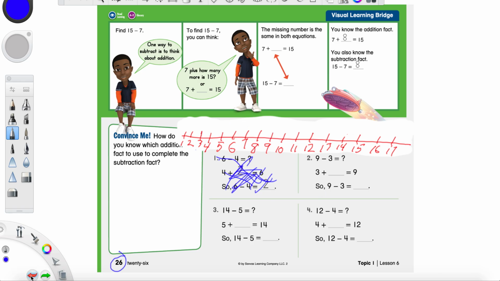You can still do 9, start there, minus 3, and then just go back 3. 1, 2, 3. And guess what? The answer is 6. Craziness, right? That's actually the one really cool thing that I love about math, is that it's so interchangeable. And everything just kind of synergizes together.